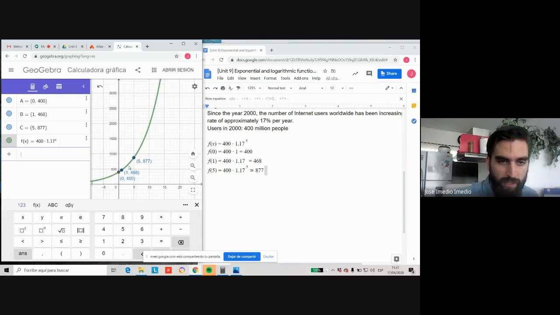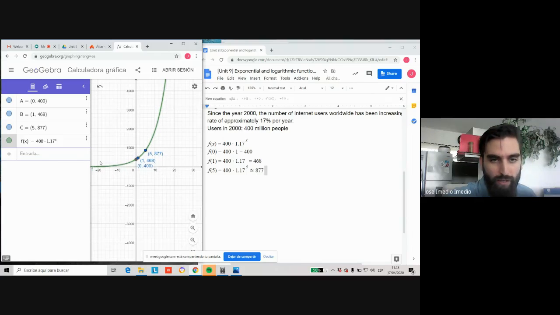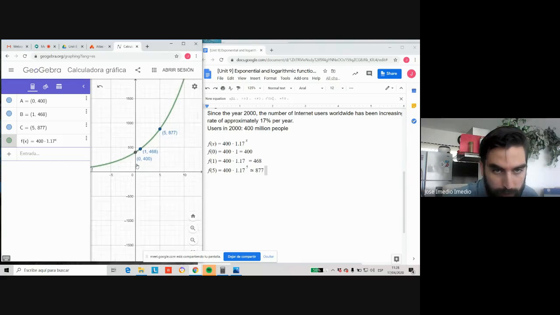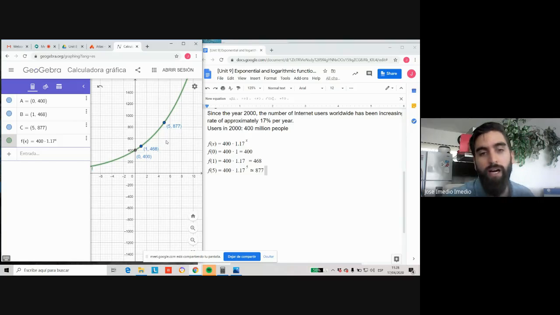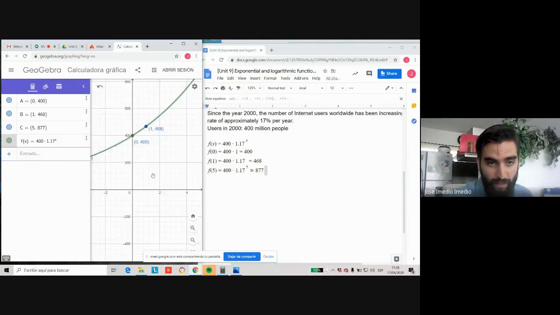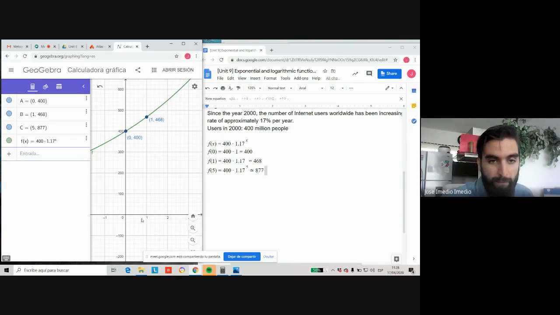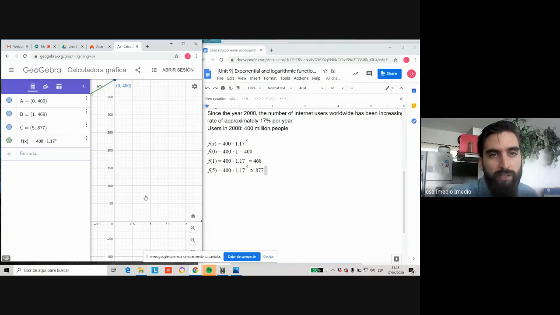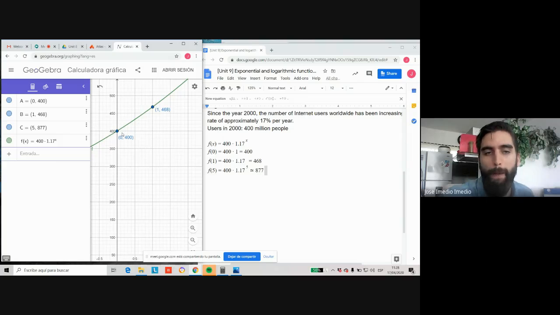And as you might see, this follows those points and it goes up. Of course, this means that this is after 1 year, this is year 2000, here's 2001, and so on. But in the middle there are values, because the number of internet users is not growing like a step.